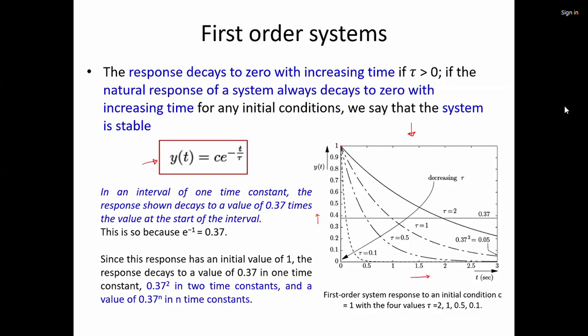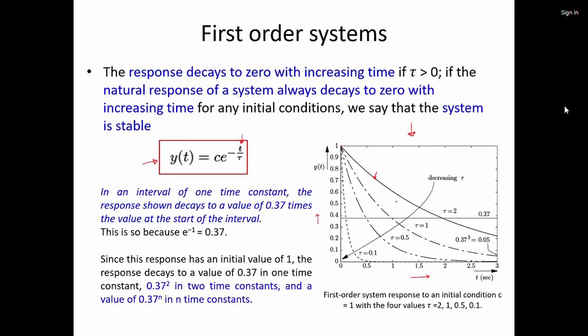Let's call this 1. So at time t equal to 0, y0 is 1. Now as time progresses, it will decay following e to the power minus t. So this is the characteristic of e to the power minus t. As time progresses, it will decay exponentially.